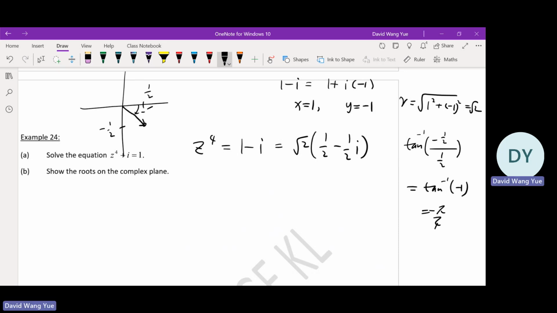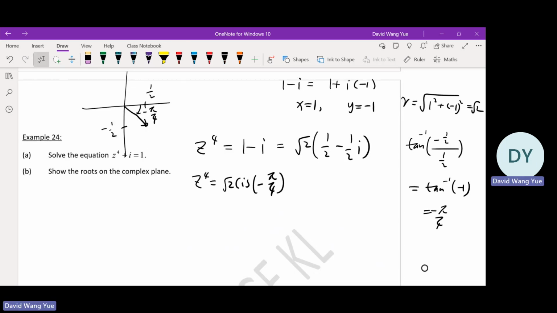And negative pi over 4 is in the fourth quadrant, so very good. So the number is root 2 cis negative pi over 4. If it's not in the fourth quadrant, if it's in another quadrant, you need to adjust the value of the argument. Now continue.